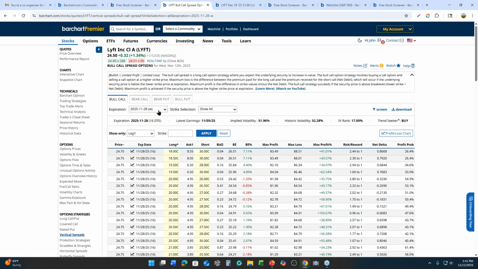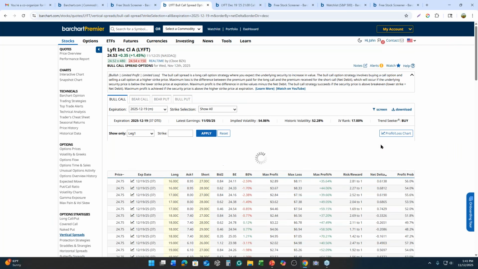But if I go out to, let's say, 37 days, where I don't have as much theta decay, I can start looking at some of the net deltas, where the net delta is somewhere around 30. I kind of look in that 25 to 35 net delta range.